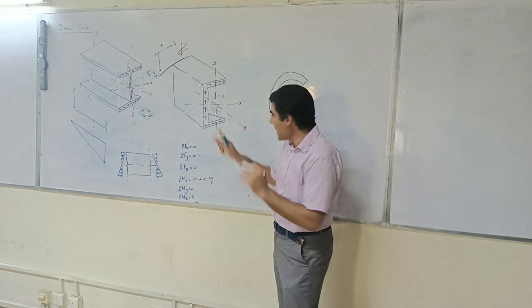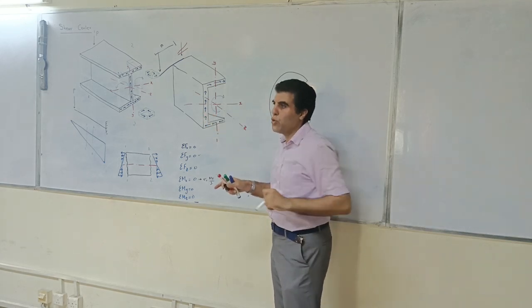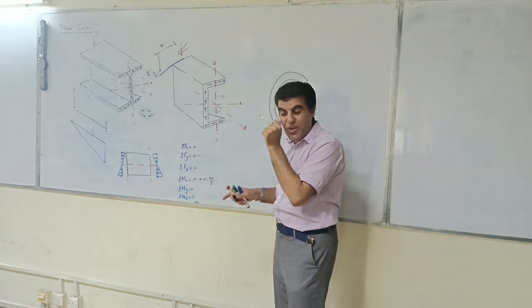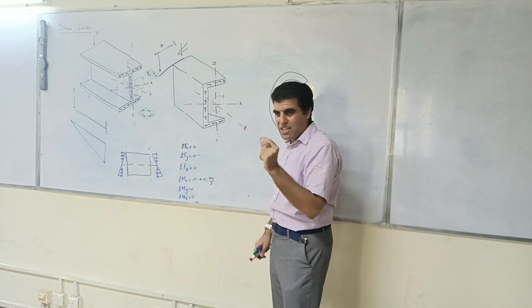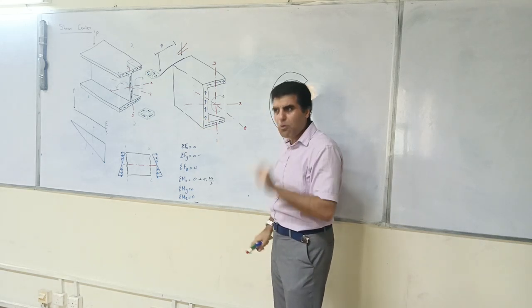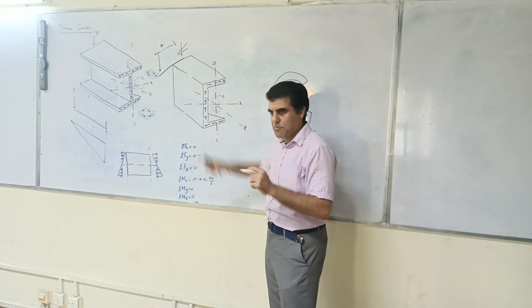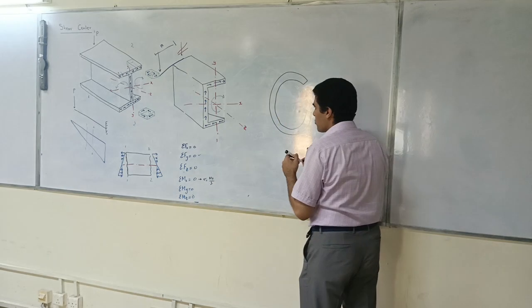The reason I am making this a bit thicker is just to show you the shear flow. So we are dealing with a thin section, not a very thick section. In other words, the thickness of the section is of very small order of magnitude as compared to the width and the depth of the section. So that is an important thing to know.